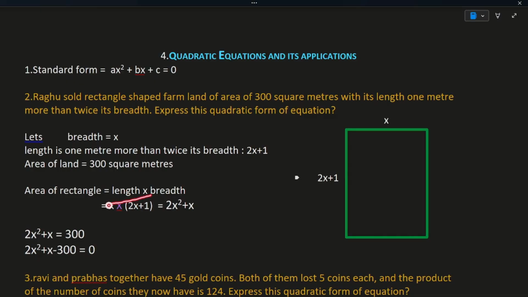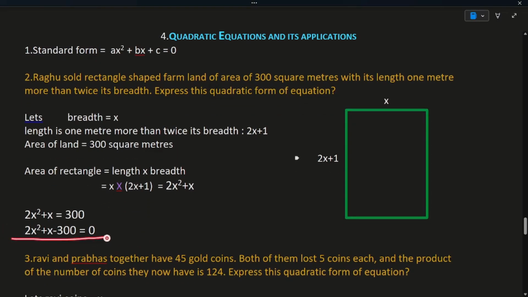In breadth place, I am substituting x. So it will become 2x square plus x. So this is the area. Area we already know is 300 square meters, so I am equating these two quantities. So we got the quadratic equation: 2x square plus x minus 300 equal to 0.